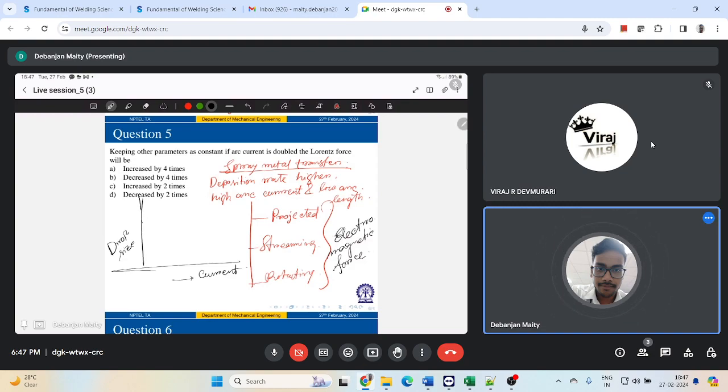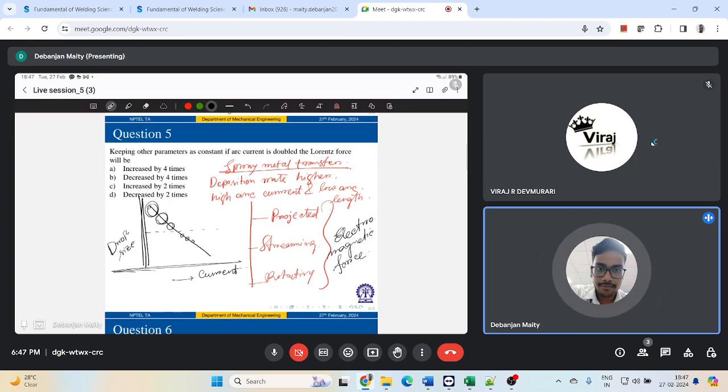So if we try to draw the figure of droplet size to current, initially it will be all globular, then you will have this transition current over there, after which it will form into projected spray metal transfer, right?